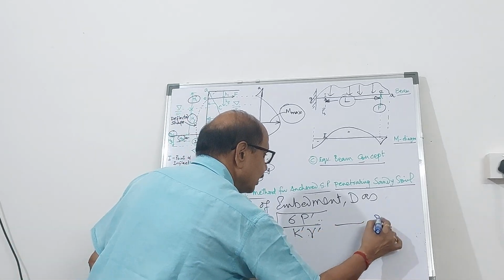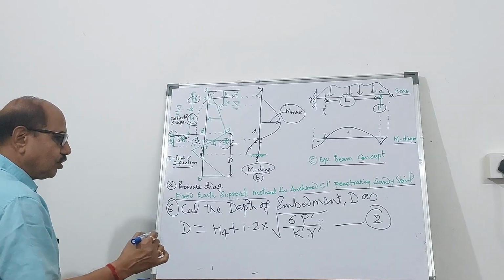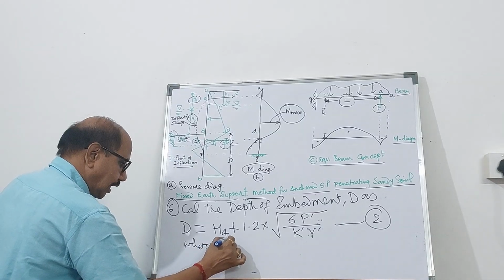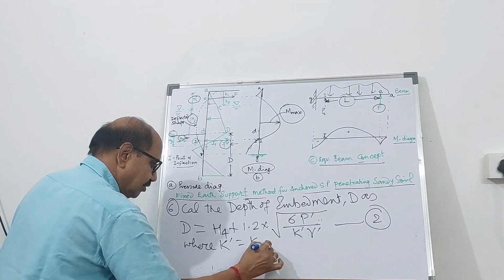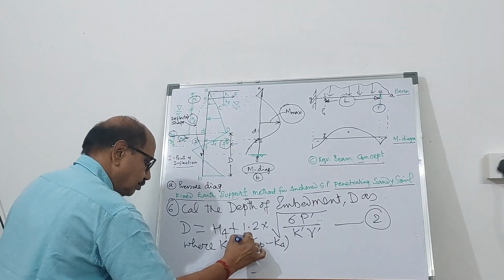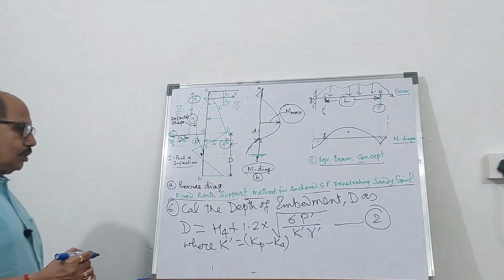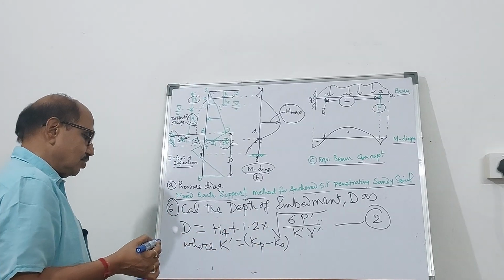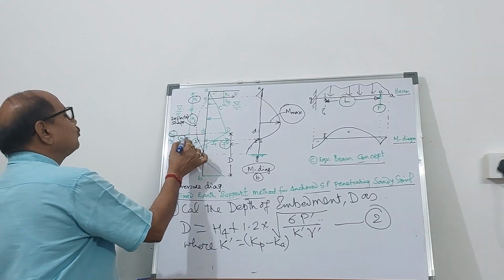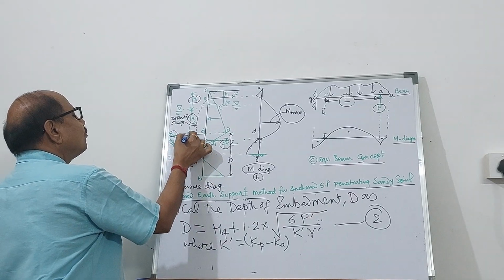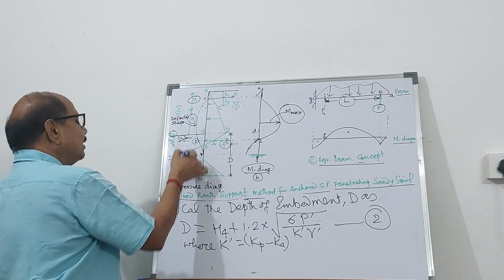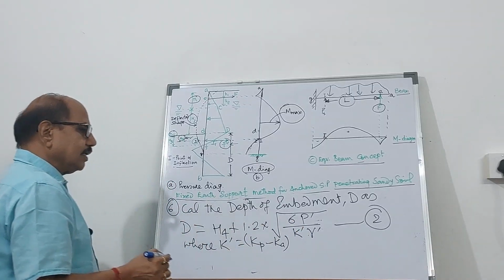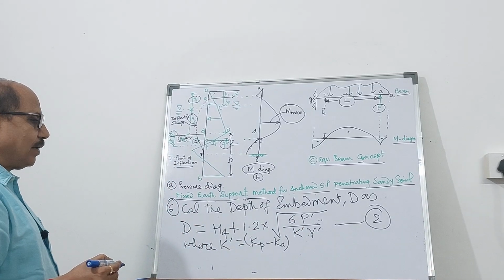So this is the expression for finding out the depth of embedment, where K prime equals the coefficient of passive earth pressure minus the coefficient of active earth pressure, and gamma prime is the unit weight of the soil. So the depth of embedment will be H4, from the dredge line up to this point, plus 1.2 times under root 6 P prime divided by K prime into gamma prime.